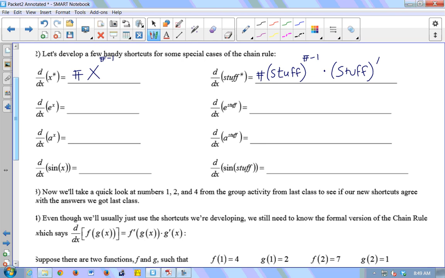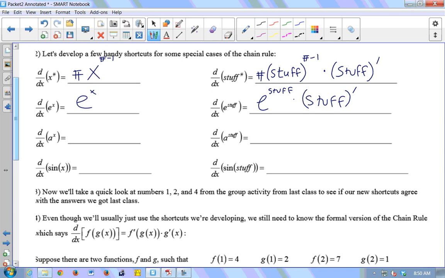All right, how about e to the x? What's d dx of e to the x? Just e to the x. And if I want to expand this to take the derivative of e to some stuff instead of just a plain old x, d dx of e to the stuff is going to be e to the stuff times the derivative of the stuff.